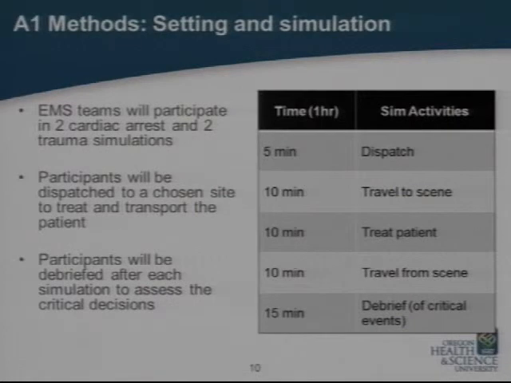In each of these simulations, we plan to have the teams be dispatched to a setting: 10 minutes to travel to the scene, 10 minutes to treat the patient, 10 minutes to travel from the scene and transport the patient to an advanced care facility, and about 15 minutes for a debrief interview in which they will be investigating the different decisions that led up to particular errors.